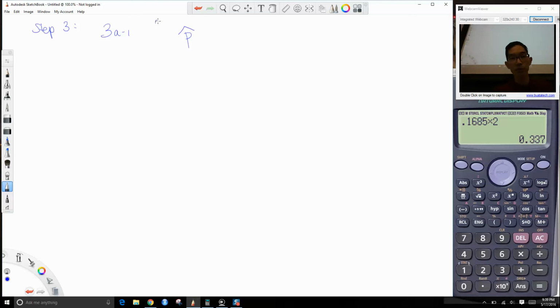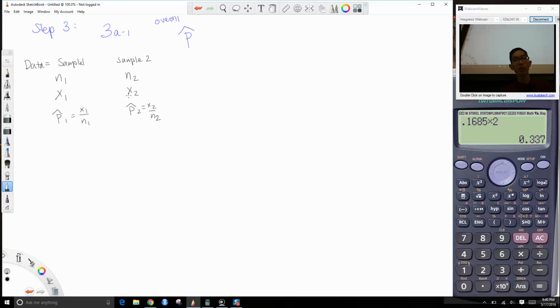If we look at our data, you've got sample 1, which has N1 and X1, and sample 2, which has N2 and X2. Then you can get P hat 1, which is X1 over N1, and P hat 2, which is X2 over N2.